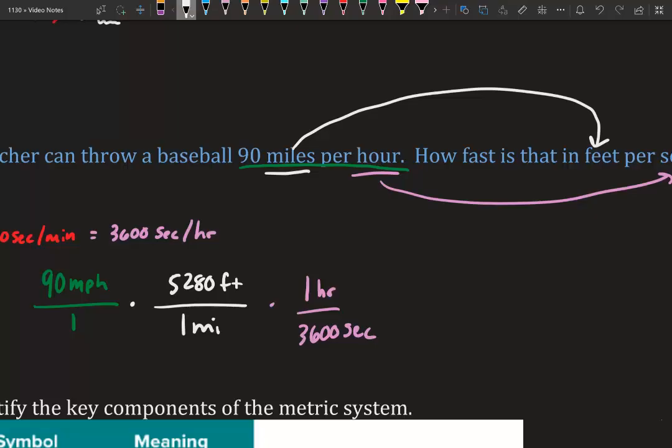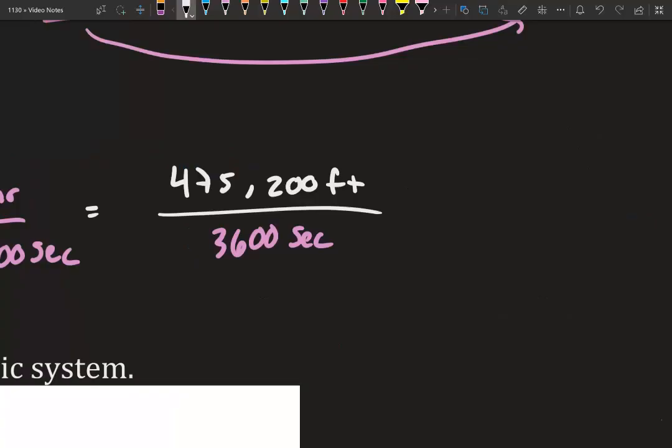We multiply straight across. So 90 times 5,280, we get 475,200 feet. And then 1 times 1 times 3,600, that's 3,600 seconds. 475,200 divided by 3,600, we're left with 132 feet per second.